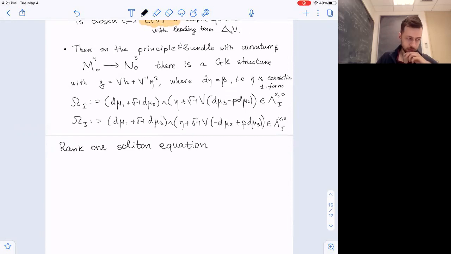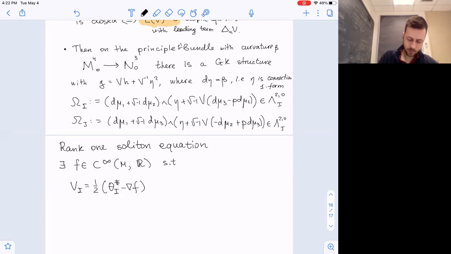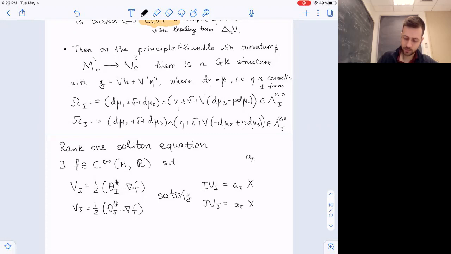So let me recall what it means. It means that there exists a function f such that the vector fields V_I and V_J satisfy: I V_I is proportional to X and J V_J is proportional to X, maybe with constants of proportionality, let's call them A_I and A_J.